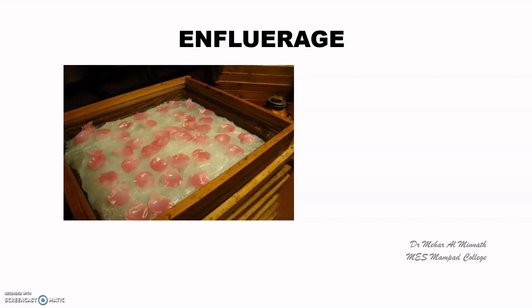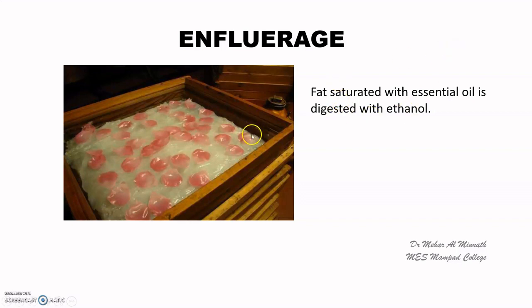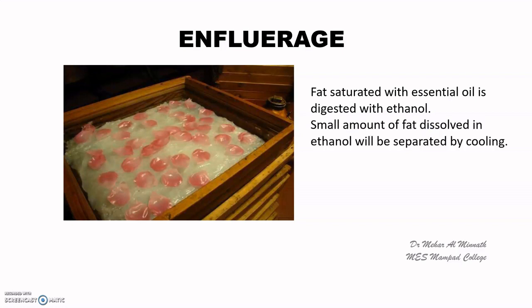Replacing the older plant material with fresh plant material, you do every 24 hours, and at the end the fat gets saturated with essential oil. That saturated fat is taken and then it is digested with ethanol, that is, you treat it with ethanol. And when you do that, the essential oils will come out into the ethanol and the fat will be separated.